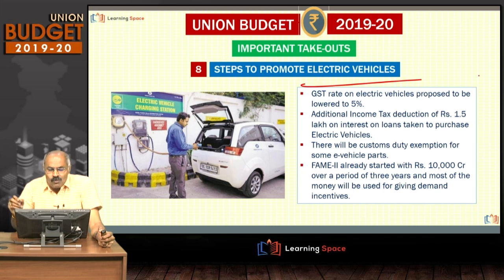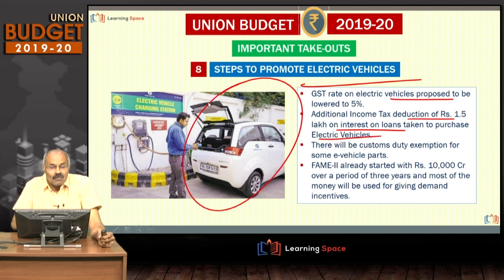Then steps to promote electric vehicles, just have a glance at it. GST rate on electric vehicles proposed to be lowered to 5% from 12%. Of course, the final decision is to be taken by GST Council. Additional income tax reduction of 1.5 lakh on interest on loans. You purchased some electric vehicle, you have taken loan, you are paying interest, and up to rupees 1.5 lakh per annum, that 1.5 lakh rupees is exempted from paying income tax.